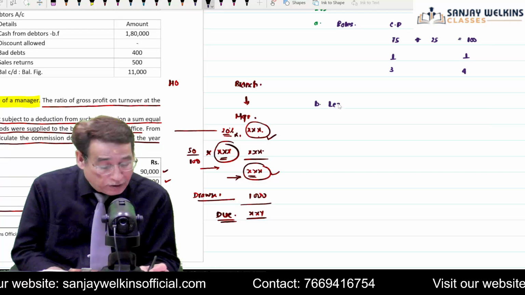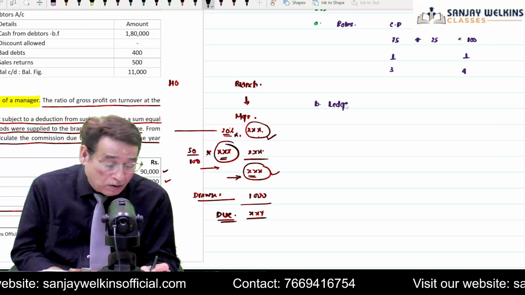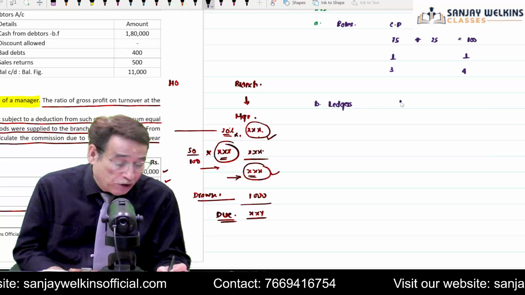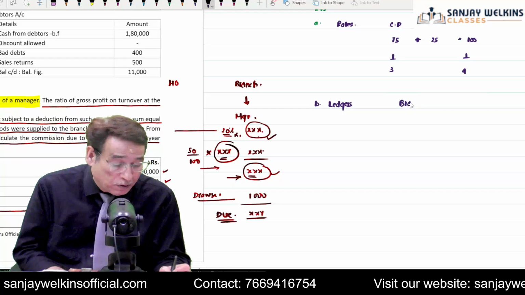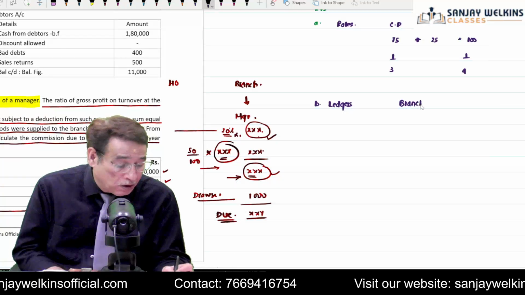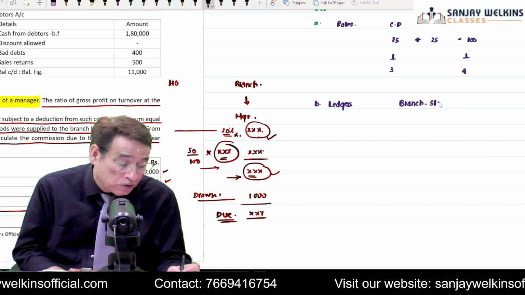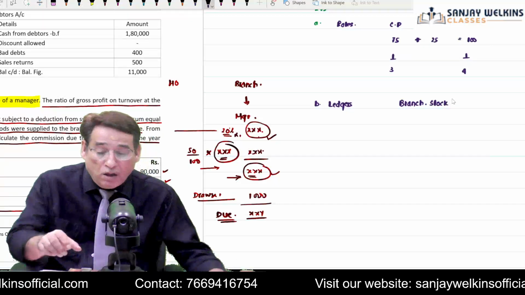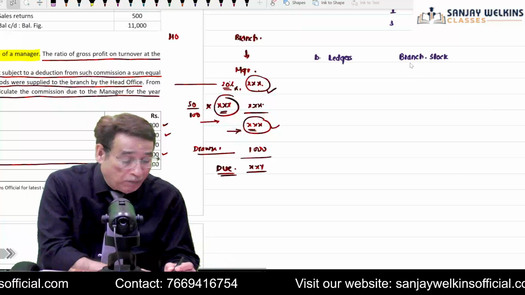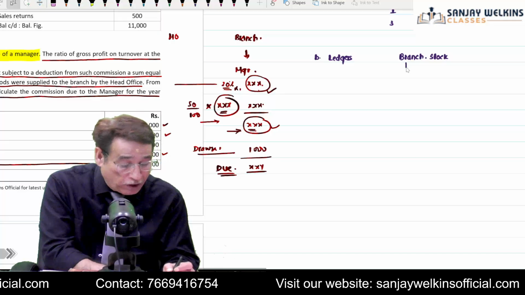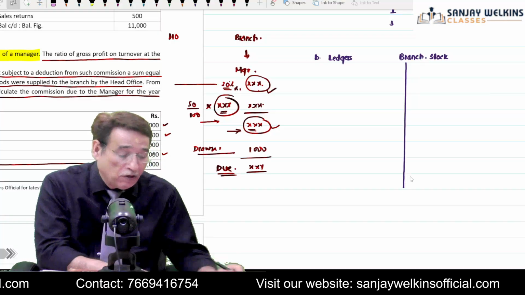Now we will prepare the ledger accounts, and under the ledger we shall be preparing branch stock account. This is your branch stock account. Why are we preparing branch stock account in this question? Because we want to know whether there is any deficiency or not, correct?